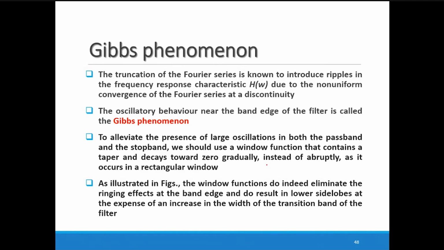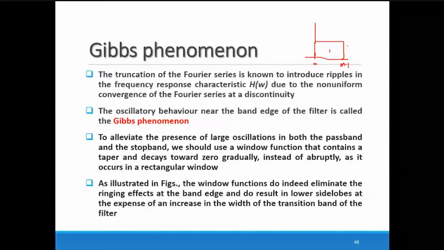Here we are getting this kind of ripples because we are using the rectangular window. If I am talking about the rectangular window, the function is like this. Initially you are getting value 1 for the locations 0 to M minus 1, and after this you are immediately getting 0 values.